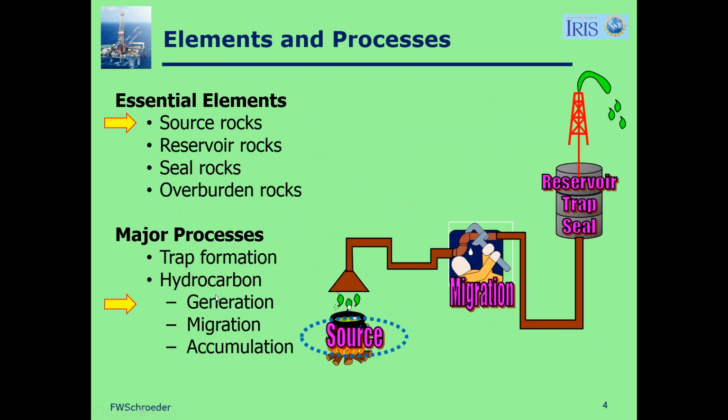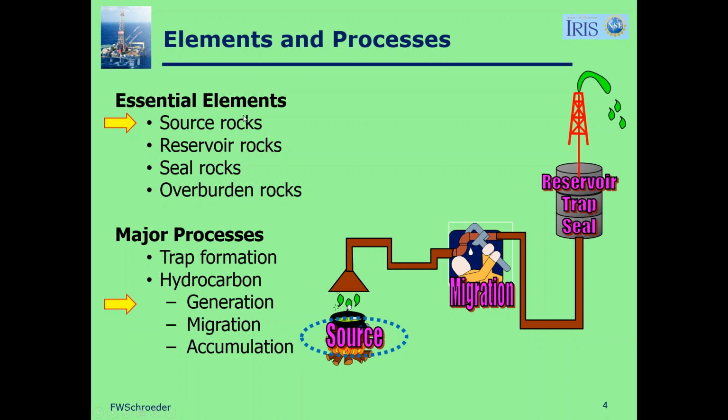I showed this in our last time together, last Thursday. For an area to be economic, we need 4 essential elements: source rocks, reservoir rocks, sealing rocks, and overburden that bury the rocks and allow the hydrocarbons to mature and to percolate and get trapped. And then there's 2 main processes: trap formation and then hydrocarbon-related processes: hydrocarbon generation, migration, and accumulation.